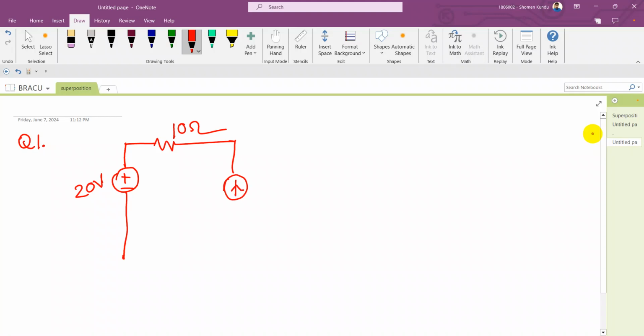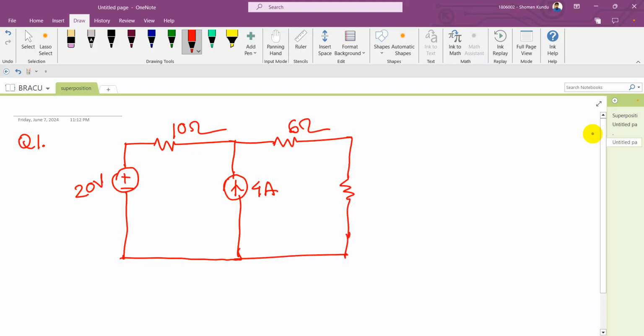There is an upward directed current source of 4 amperes. Okay. There are two resistors, one is 6 ohms and the other is 4 ohms. Now you are asked to find out the current through this 4 ohm resistor.